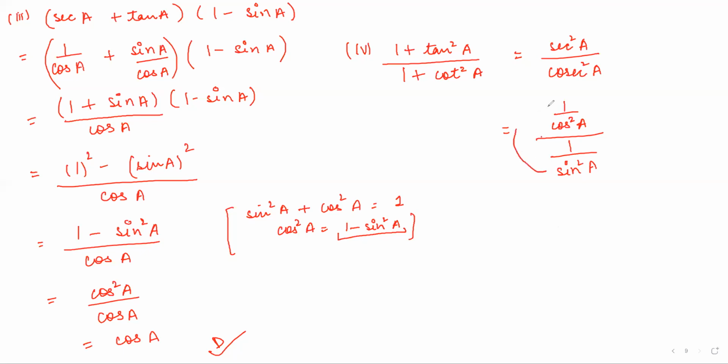So now this will go in the numerator and this will come in the denominator. So I'll get sine square A divided by cos square A. Any problem at this step? No, ma'am. Now sine A upon cos A is tan A. So this becomes tan square A. So the correct option is D.